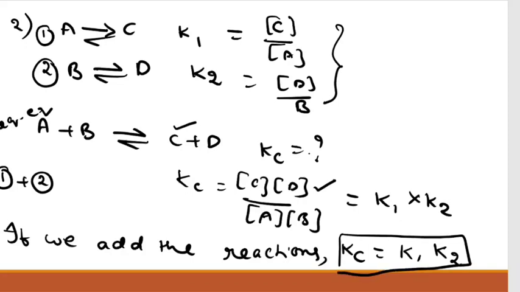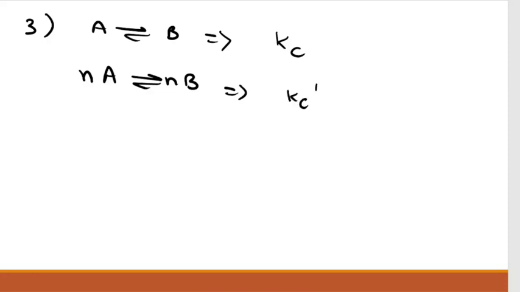Now, I am going to consider the third case. Let us suppose that for this reaction, Kc is the equilibrium constant. If I take nA gives rise to n moles of B, then what is the Kc dash for this reaction?